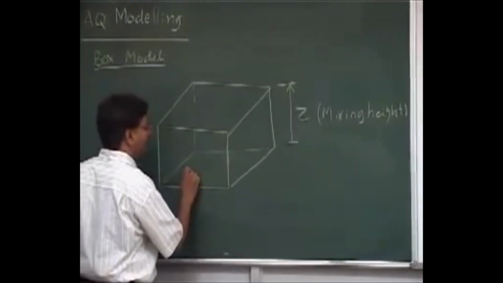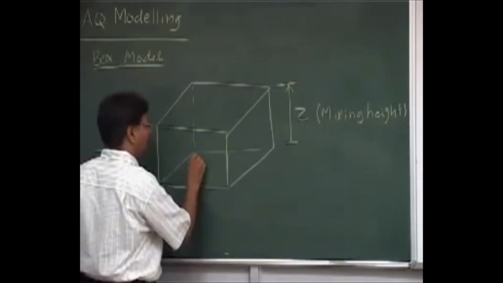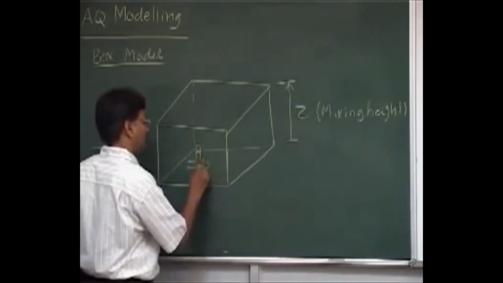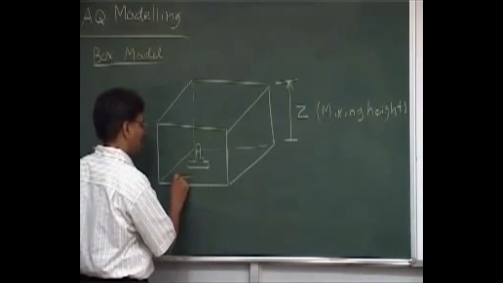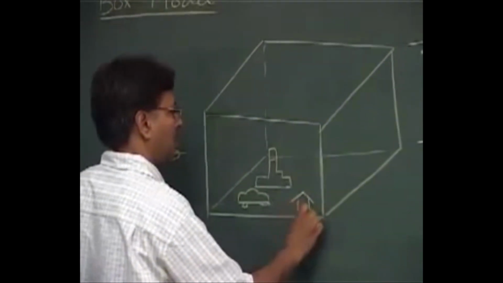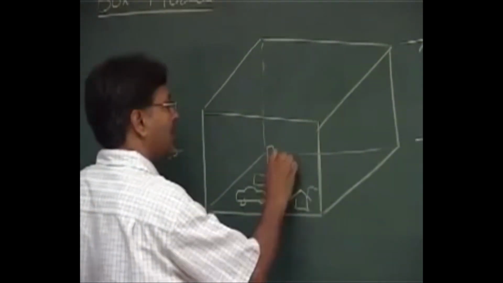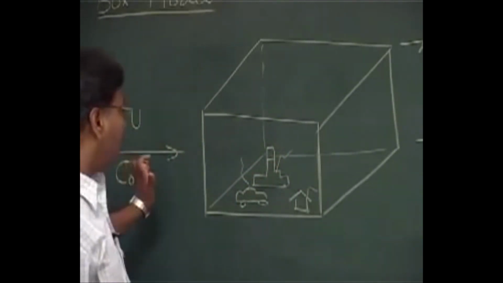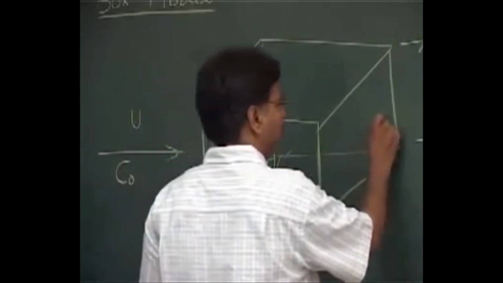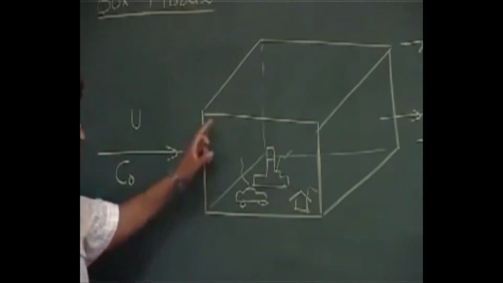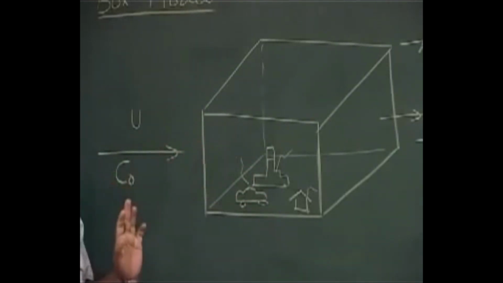So suppose you have a factory, you have the cars, you have the houses, and all cause some kind of pollution. And then this air will flush out this place and that will go out. So I am interested in finding out the concentration inside the box.